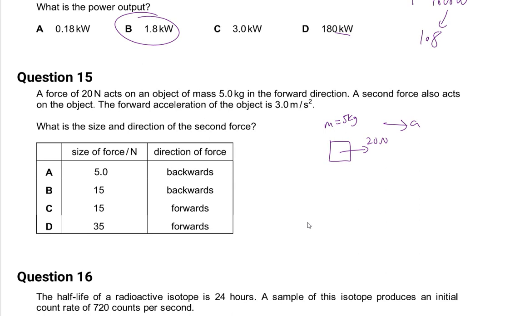Now, we don't know whether the second force is going to be in the same direction or in the opposite direction. So we don't know whether the force is going to be F resistance or not. So what we're going to do first is F equal to ma. Now remember, this F is the resultant force.